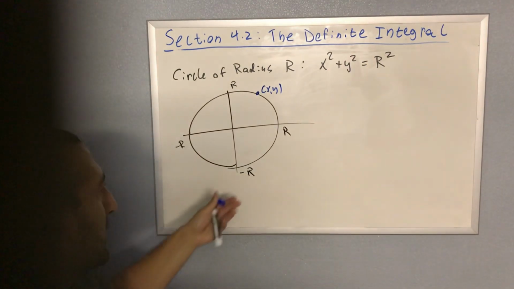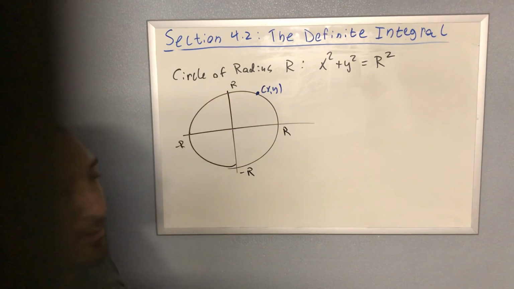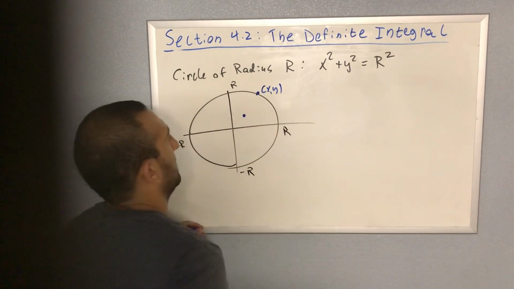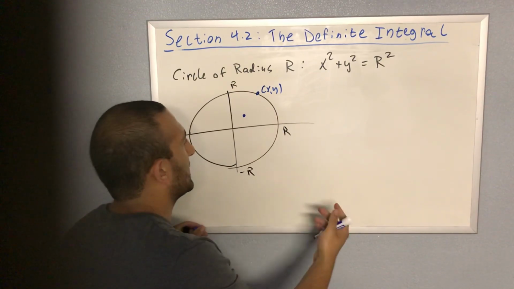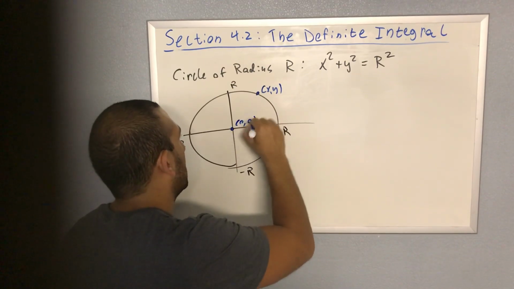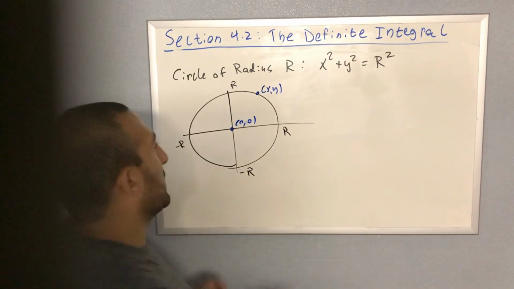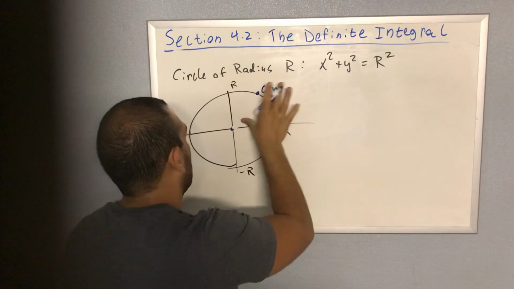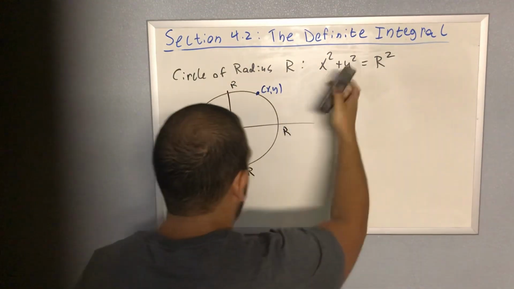That's what it literally means to be on a circle of radius r. It means that this point is not on the circle. So if I square the x and y coordinates, I won't get r. Like for example, the origin. This is 0, 0. 0 squared plus 0 squared is definitely not r squared. So only the points on the circle will satisfy this. Okay, and that's why that's the equation. So that's what x and y refer to.